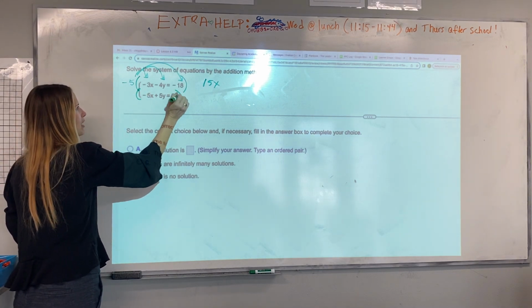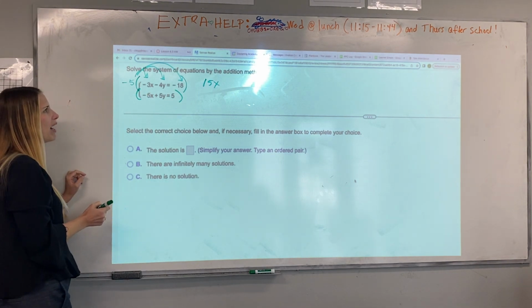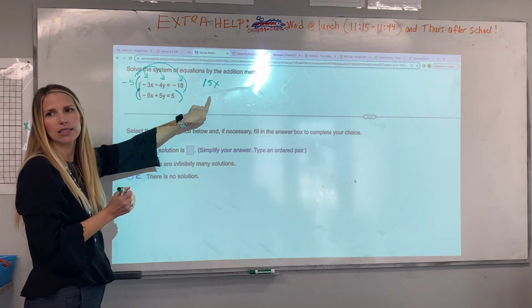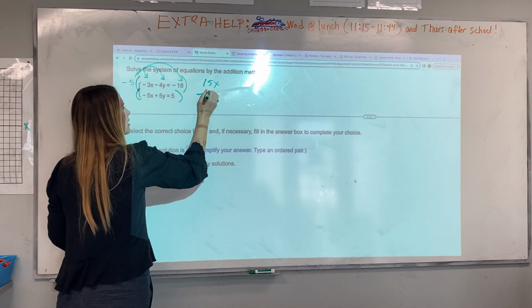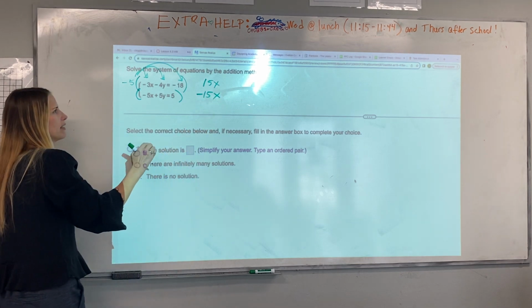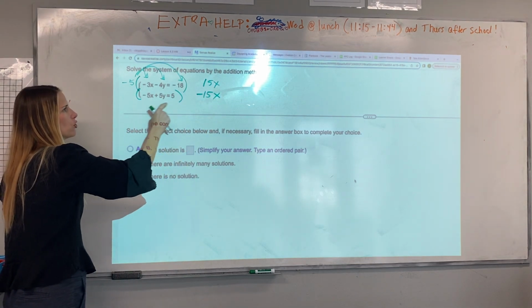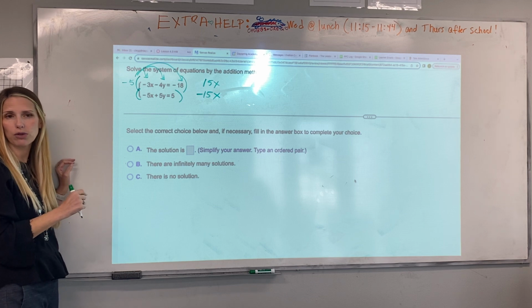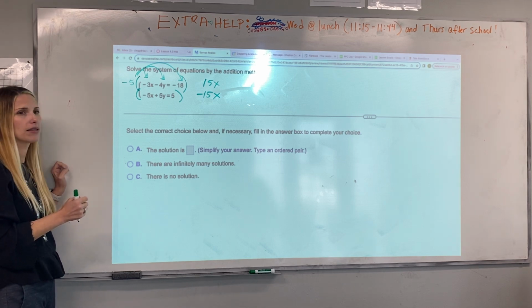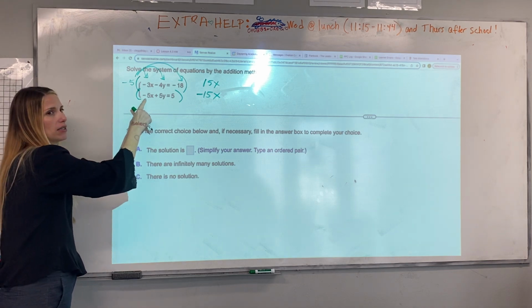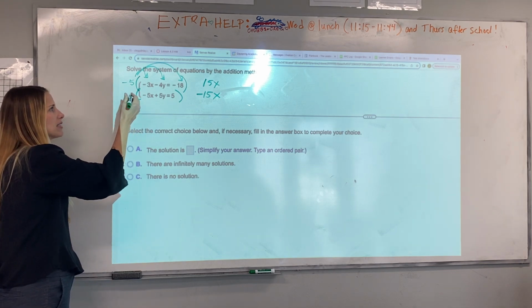What would my bottom equation have to be multiplied by, because what do I want to get here to cancel it out? Negative 15x. How do I get a negative 5x to equal a negative 15x? What do I multiply it by? Positive 3?